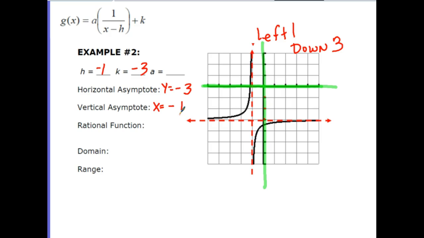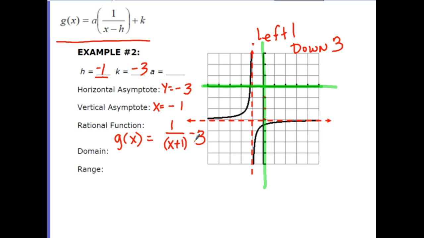Okay, for the rational function, we're going to fill this in. We're going to get to the a in a minute. G of x equals 1 over x plus 1, because x is a liar. If this says minus 1, the equation's going to say plus 1. K is not a liar. Okay, what about the A?